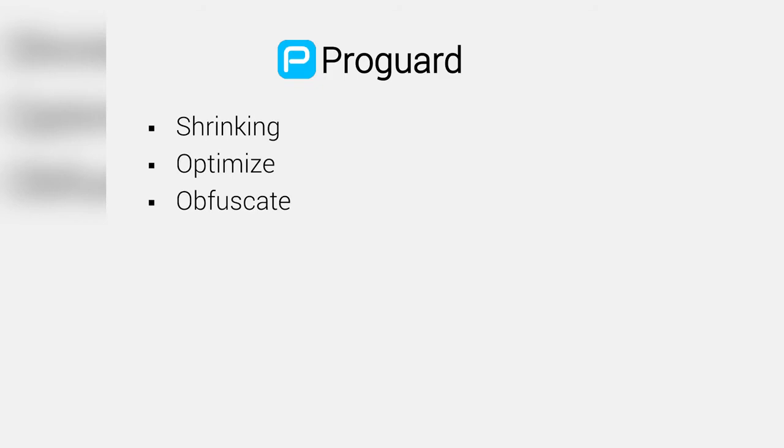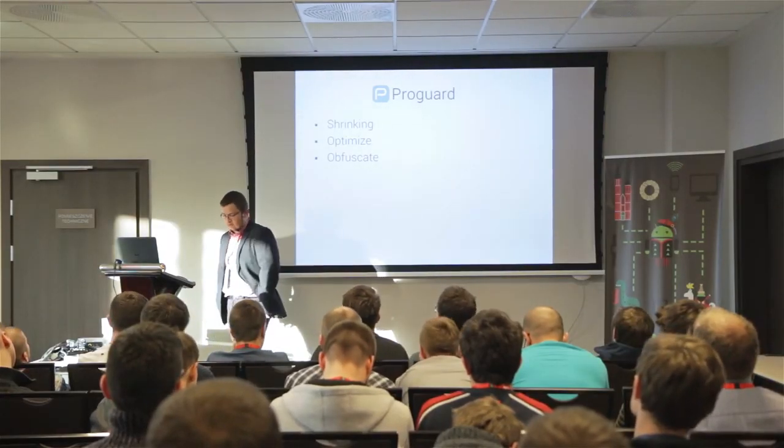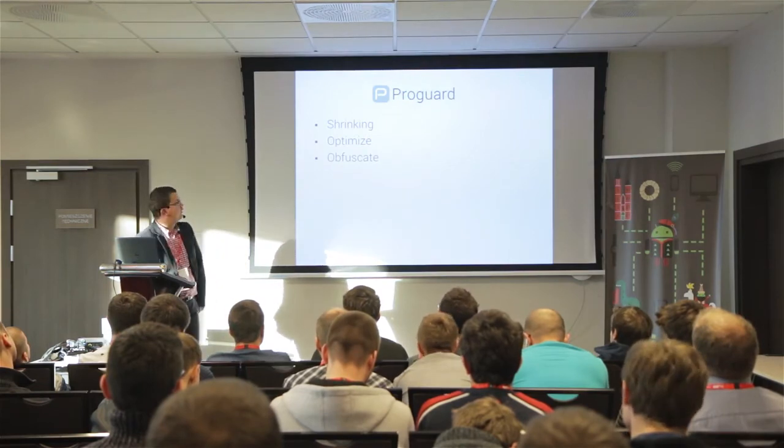I also heard some maybe myths, maybe truths, that clean code and clean architecture are not optimized for apps. We have tools like ProGuard, which, as was mentioned, is not only a tool to obfuscate your application, but also a tool which shrinks, so removes unused code, and optimizes your code.